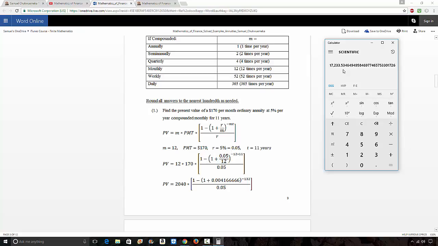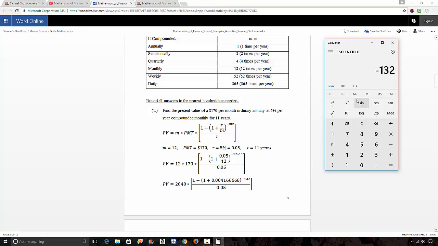Okay, so that is the answer. Okay, let me do this again. So I will clear entries, and I will just clear this memory. And once I clear it, you see that it is no longer in bold. So the first thing I did was I got the negative 12 times 11 equal to.